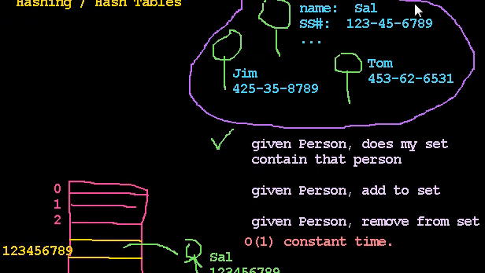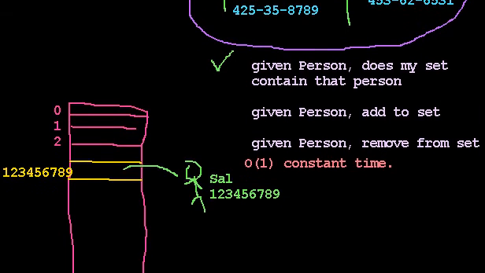How about adding a person to my set? Well, if I want to add Jim, let's say, I look up Jim and I look up his social security number. I can ask him his social security number in constant time. I go to box 425358789. Let's hope that's over here so it's still on the screen. I go to that box, and in that box I store, let's make him a different color, how about blue?